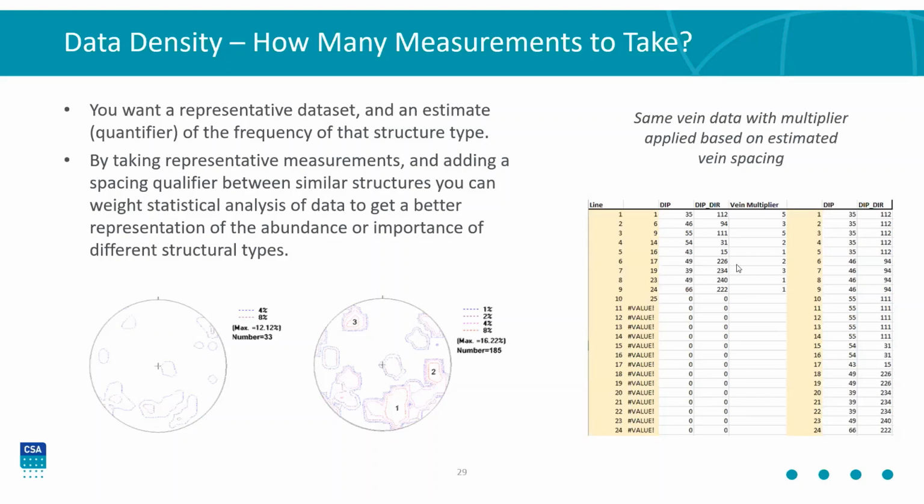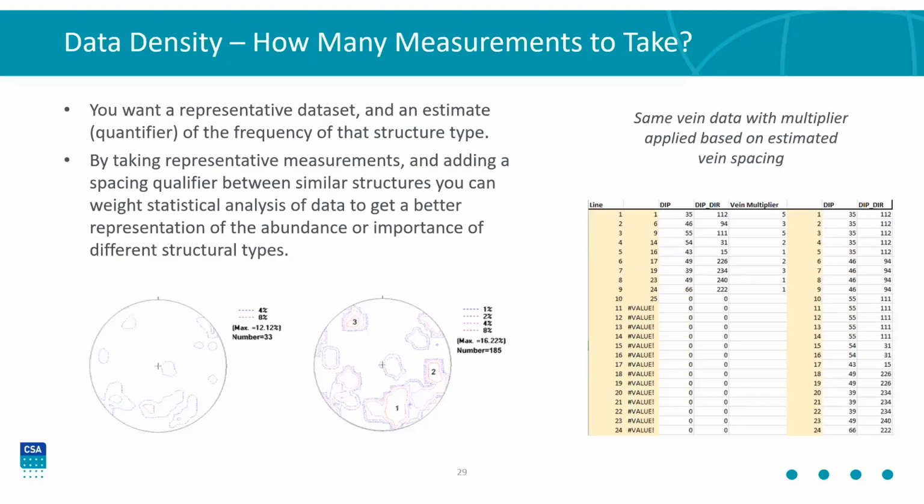Like, for example, you could have how many veins per meter or how many veins per 5 meters, depending on what you want. So that vein multiplier needs to be quantified for the project. And then you take a representative measurement and you add a vein multiplier or quantifier to give you a sense of how many of that structure there are.